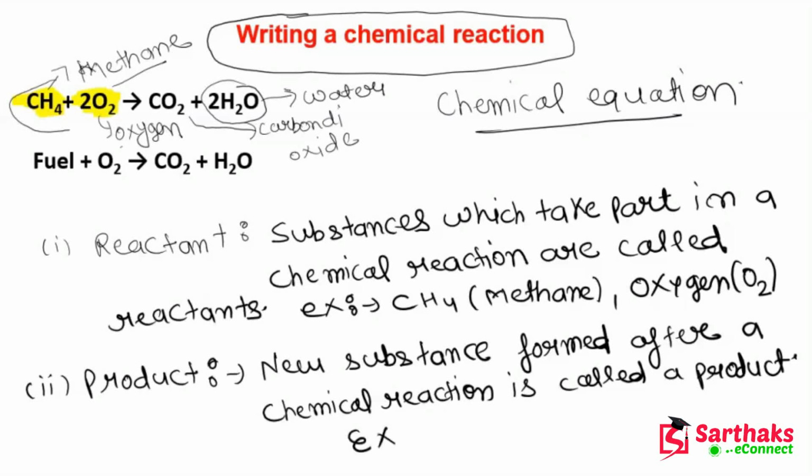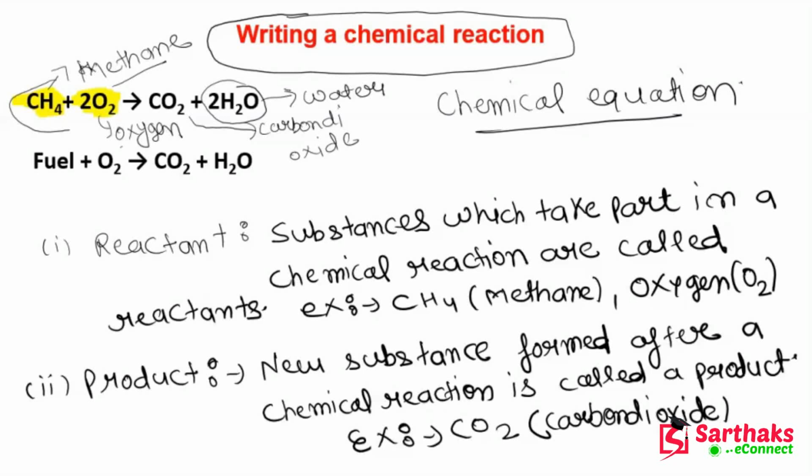If I talk about examples of products, in this case carbon dioxide is a product. You should know the chemical formulas of substances and their full names, because this is very important. Carbon dioxide. I think these things are clear.